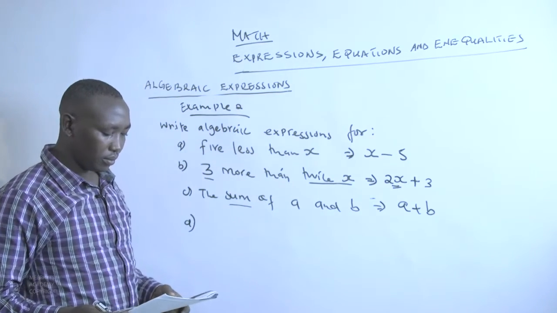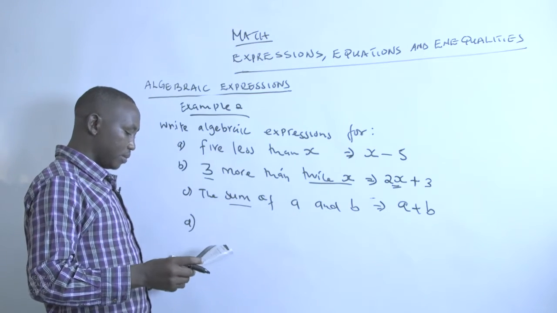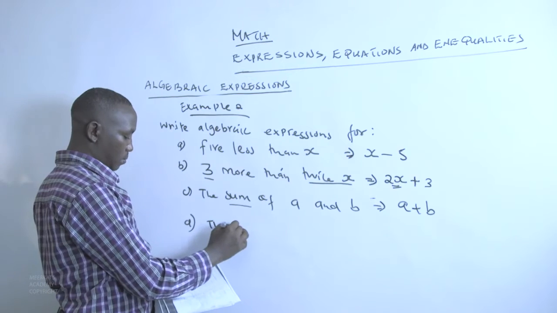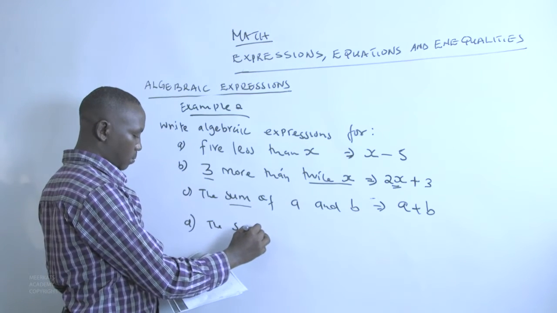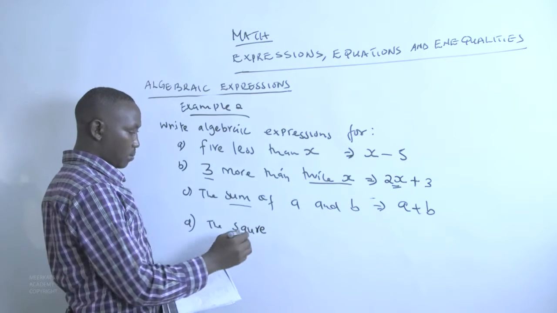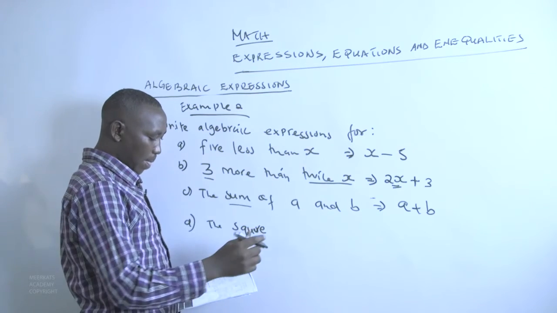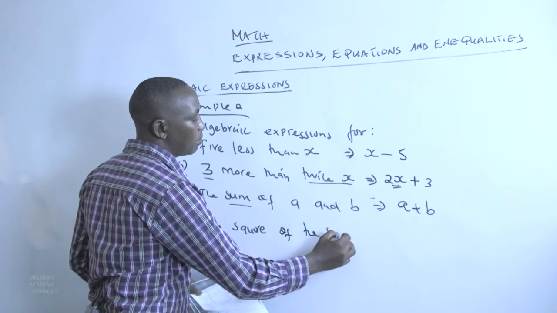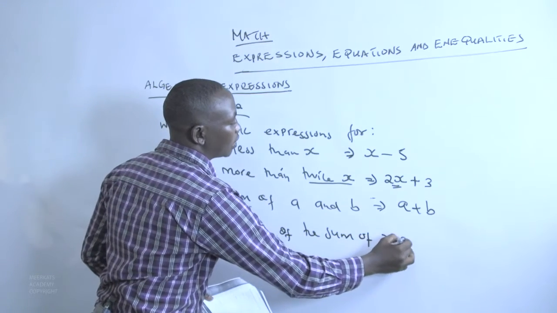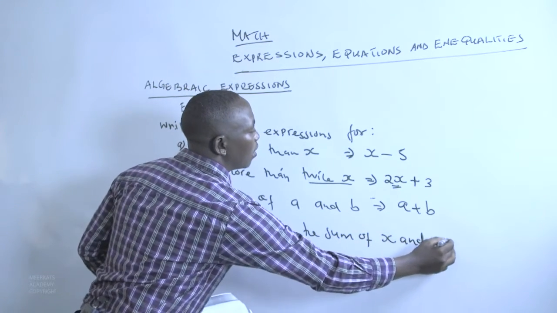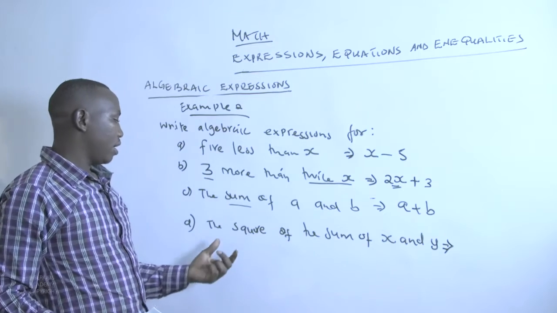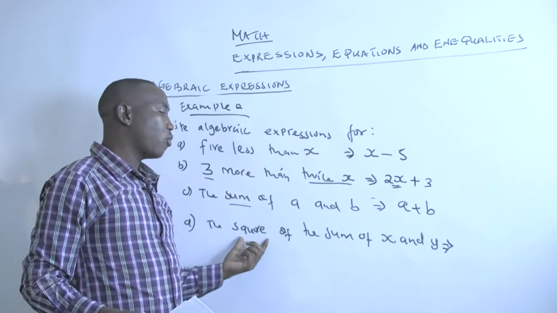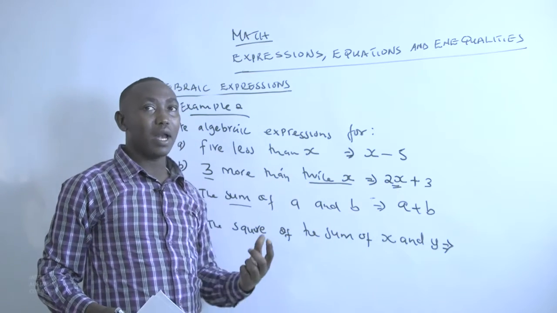D, the square of the sum of x and y. In this fourth question, we are talking about the square of the sum of x and y.